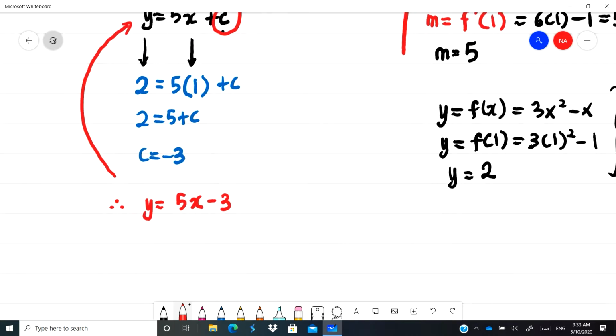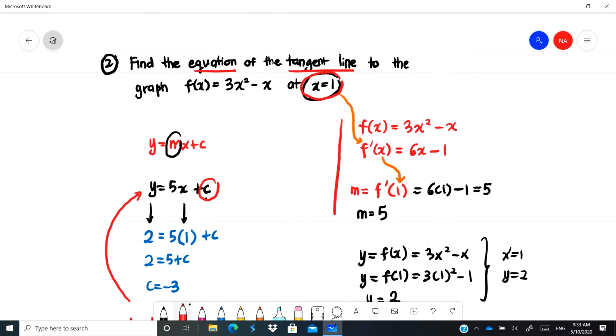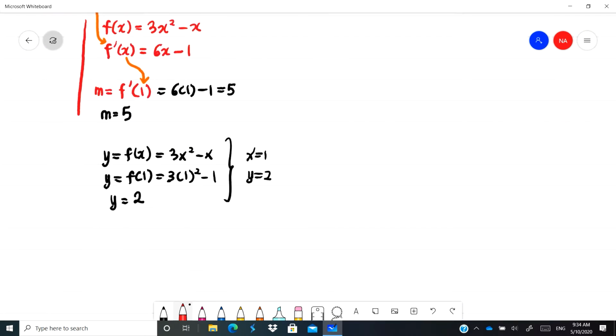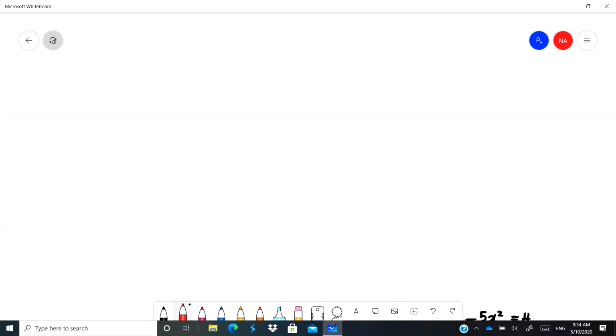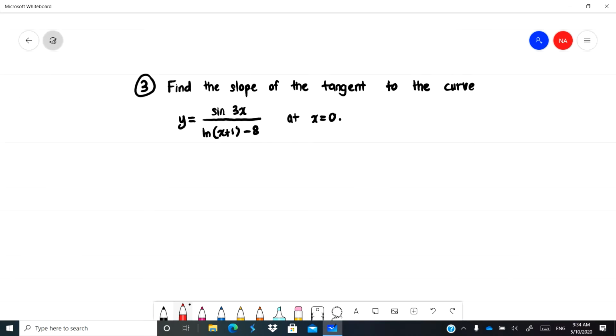So that's the equation of the tangent. You have to mention that it is at x equal to 1, because it can be at any point, but in this case we just want to find it at x equal to 1. So that's basically how you find the equation of the tangent to the curve.